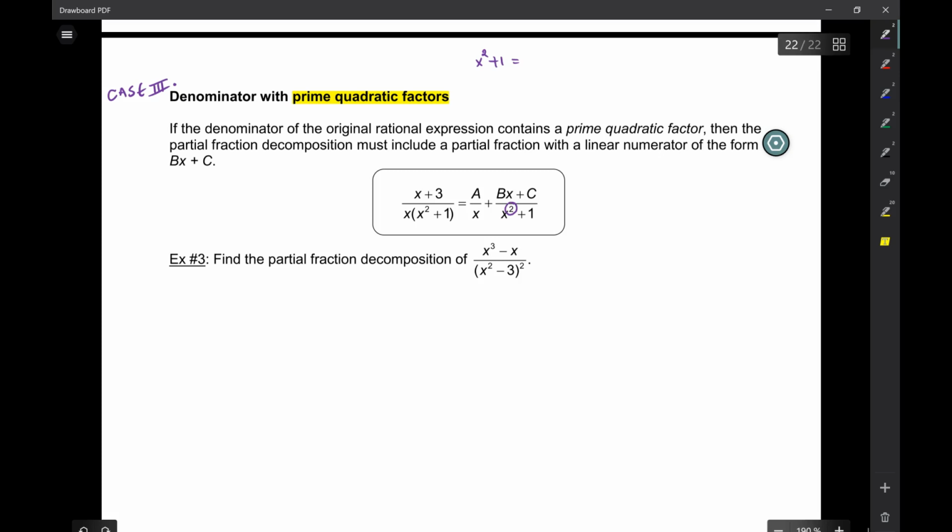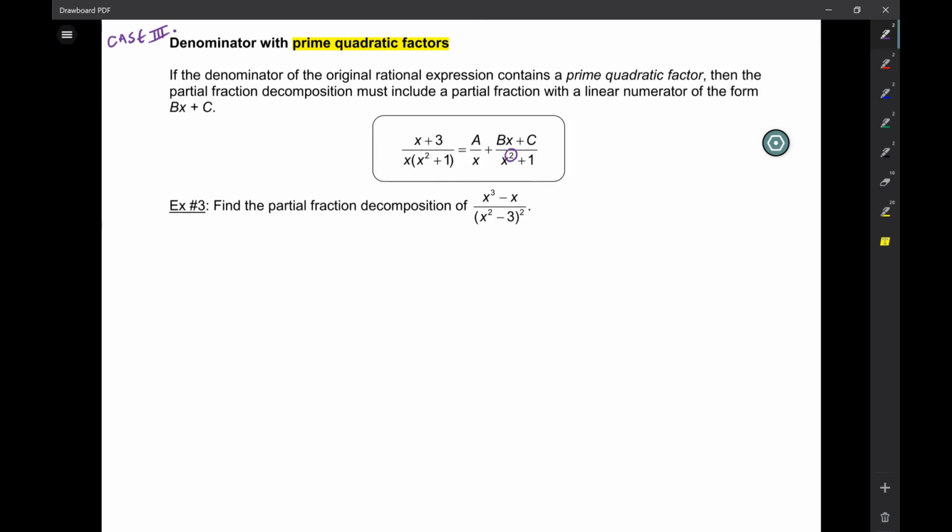So if this is a quadratic, the numerator has to have x to the 1, a linear. So how do you make a linear? It has to be a constant times x plus another constant. All right. Let me do this next one.